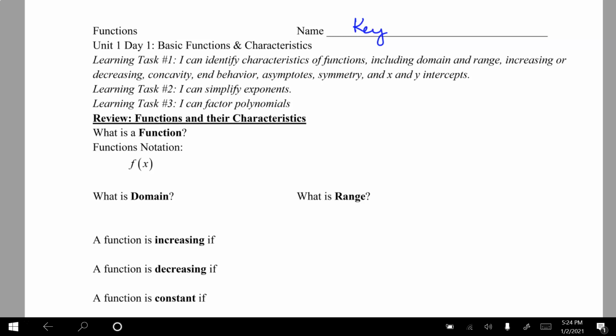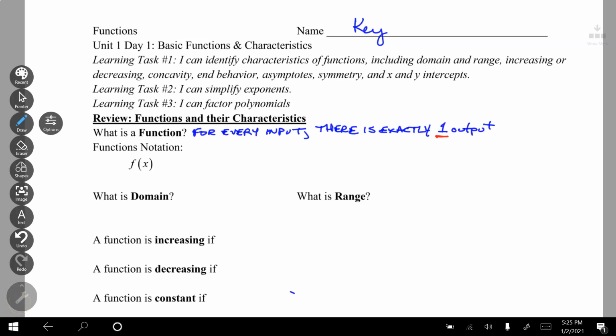So what is a function? A function states for every input there's exactly one output. And remember function notation, we use this f of x notation where x is the input. F of x is the output, or what we call the y value.